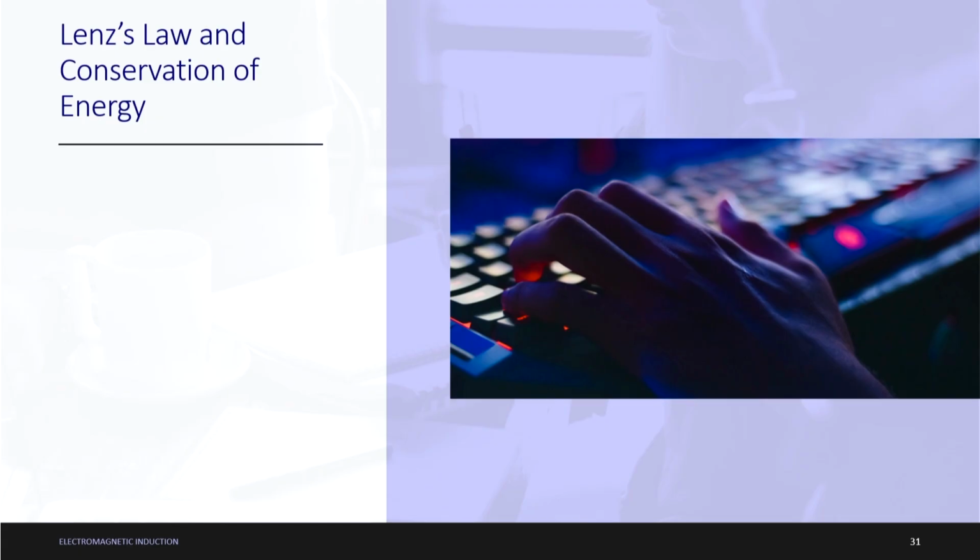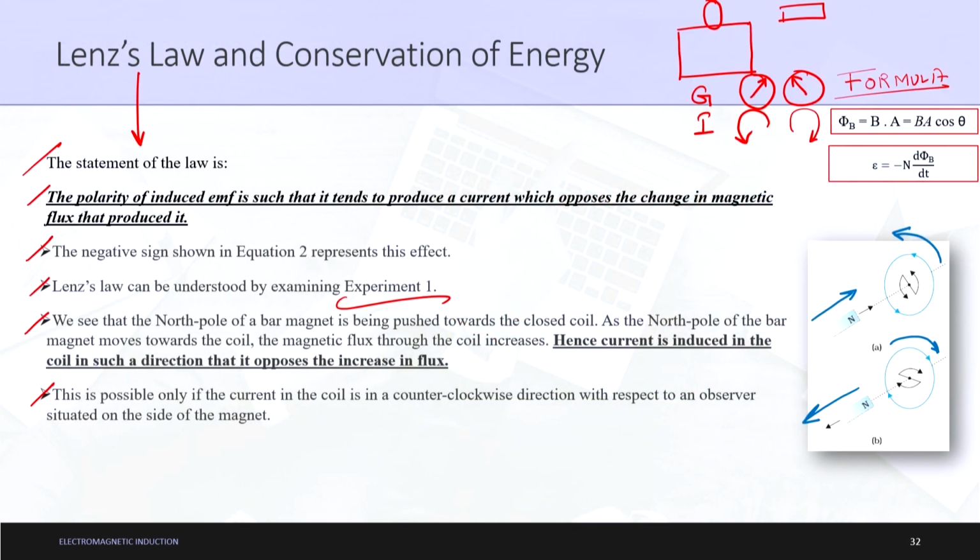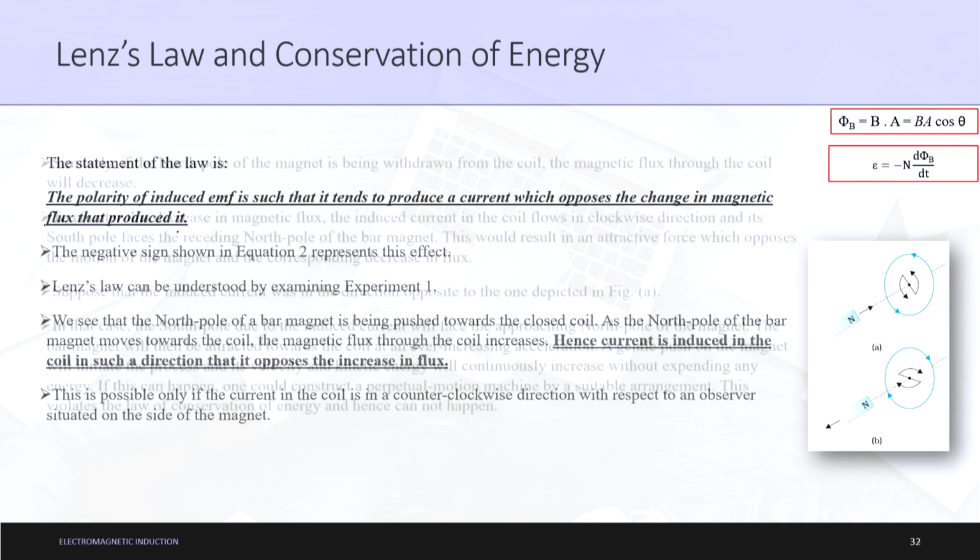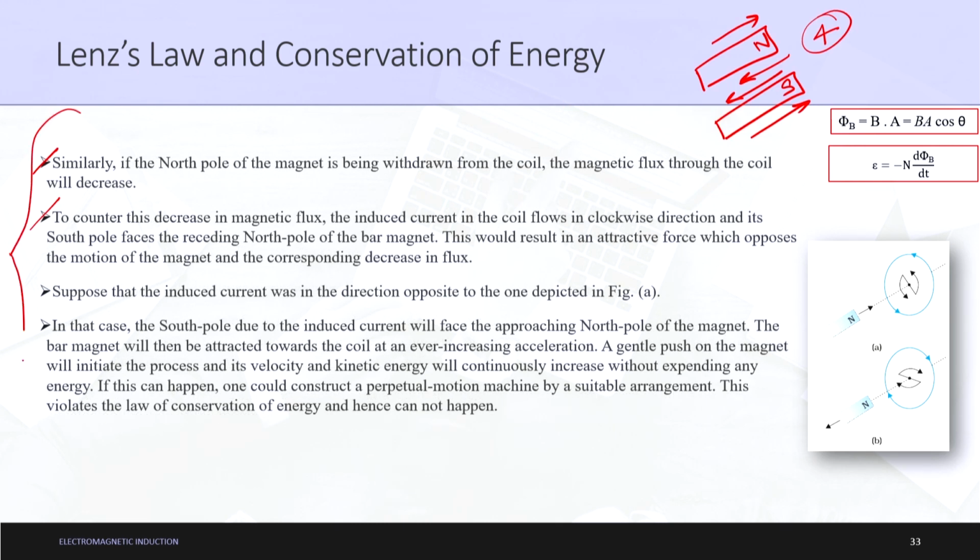And Lenz law states that the polarity of the induced EMF, polarity being anything plus and minus in mathematical terms, is such that it tends to produce a current which opposes the change in magnetic flux that produced it. This is the Lenz law statement, and all these examples showed why there was a need to explain this in terms of energy and how the energy is conserved.